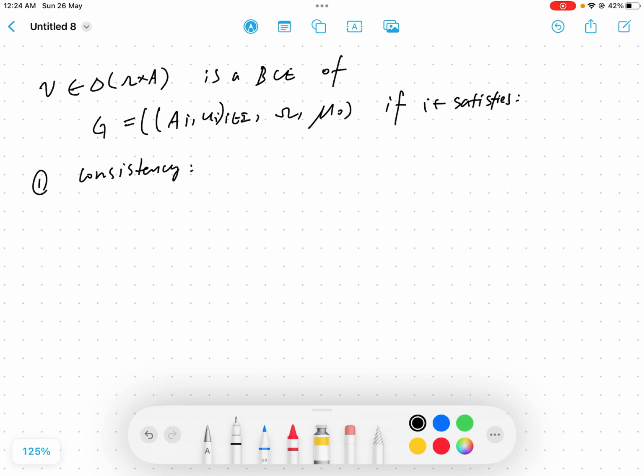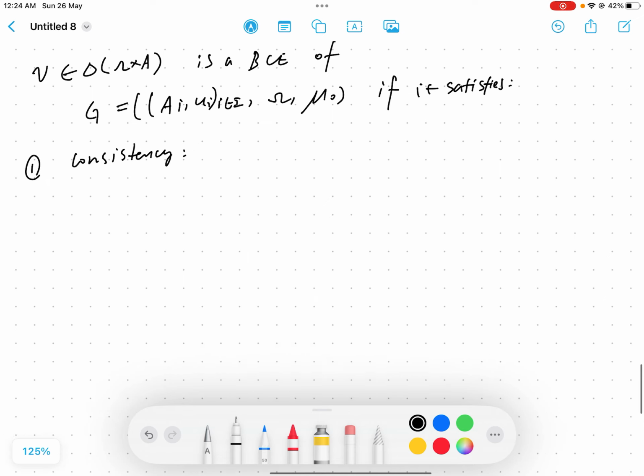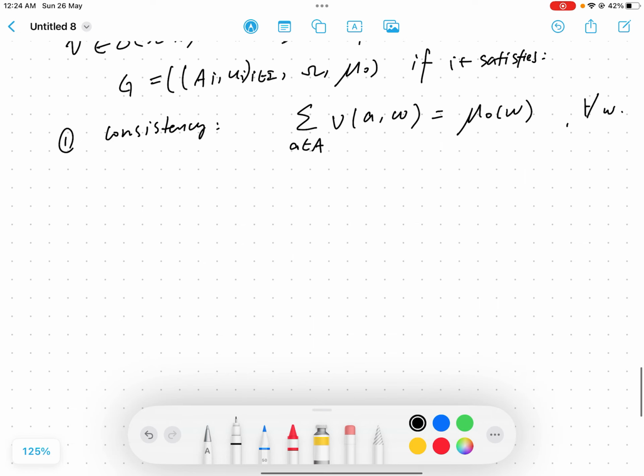So here we have this consistency requirement. That's pretty similar, but we will mention that later and see some connections. So it's nothing but the summation of the V for this joint distribution over all the A's. This is nothing but the mu naught of omega, for all the omega, of course. So this is a consistency.